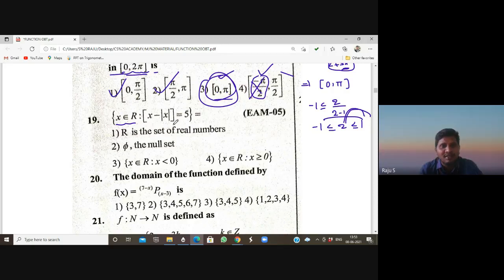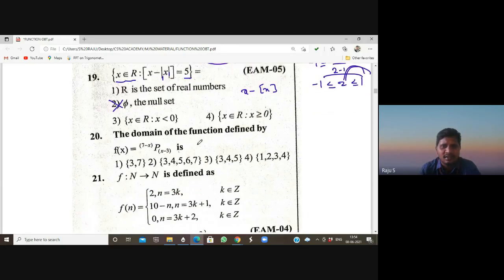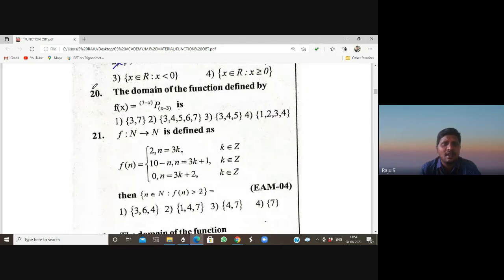It is not a fractional part. x minus [x] is only the fractional part; here they gave the absolute value. It is not possible for any real number. So it is a null set, does not exist. Yeah, this is a logical question.